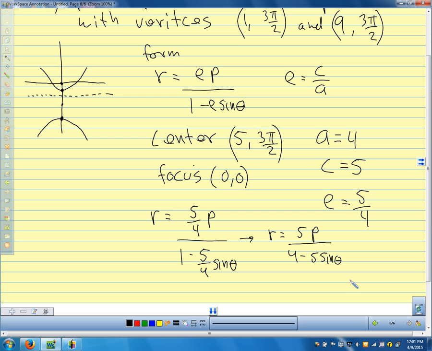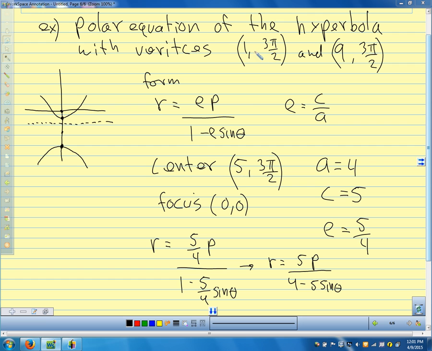Just multiplied everything by 4. A is a distance from the center to a vertex. C is a distance from the center to a focus. Focus for polar form of conics is always at the origin, always at the pole.